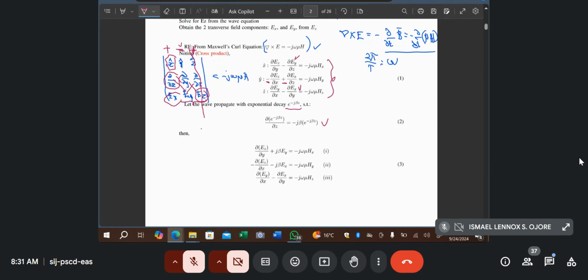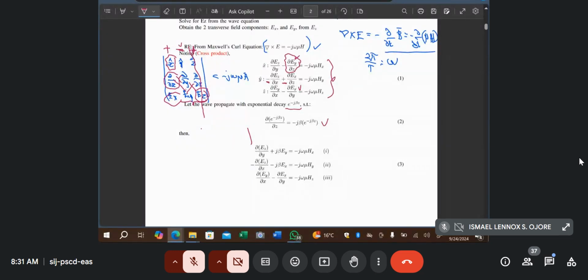So in that case, we can rewrite what we are seeing in question 1. Del Ez over del y, then any derivative with respect to z is what we are taking.